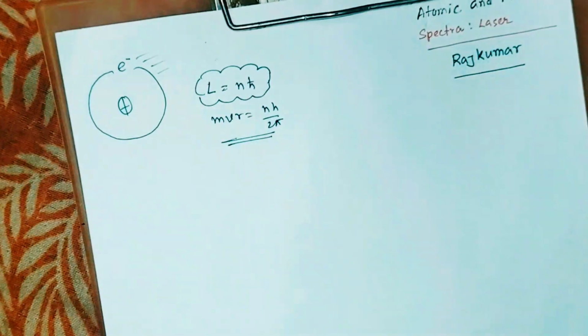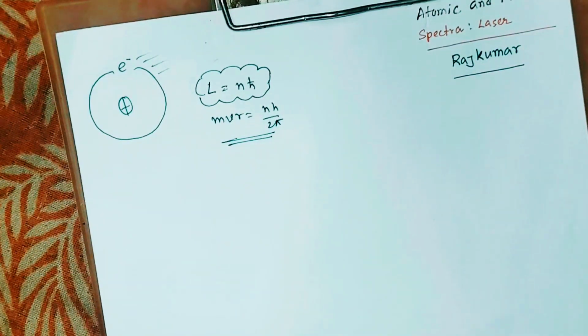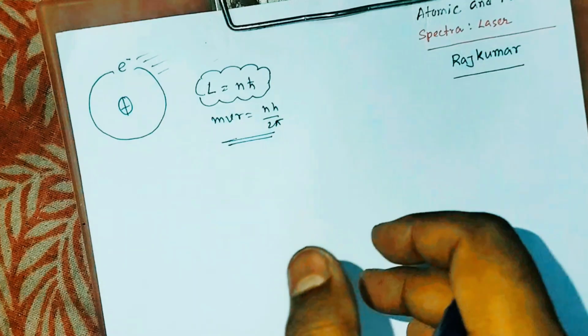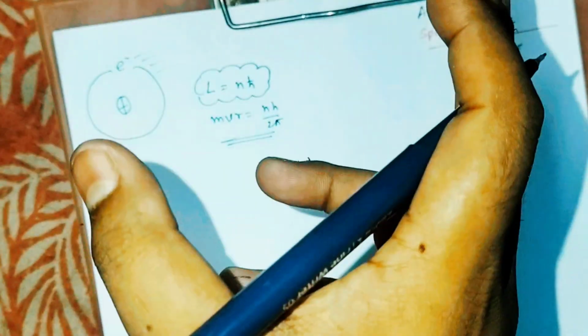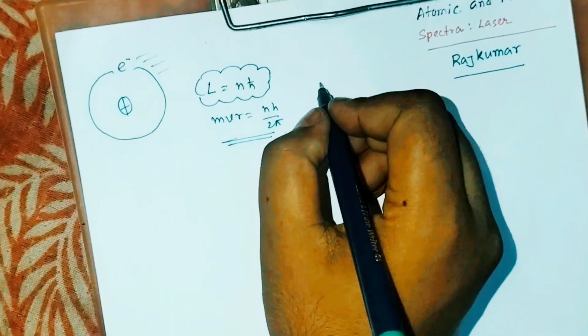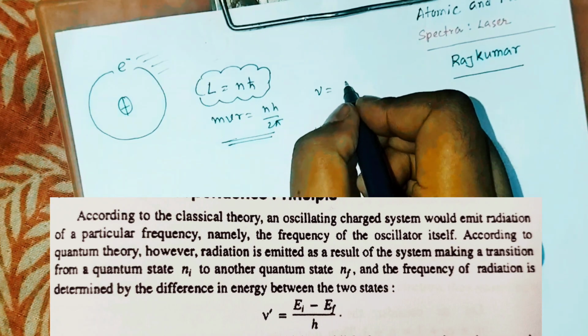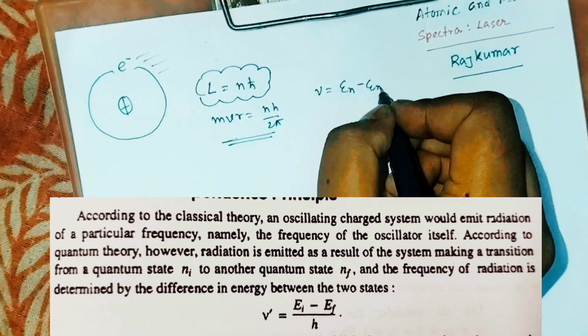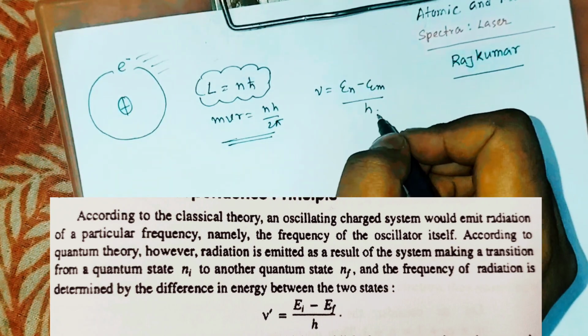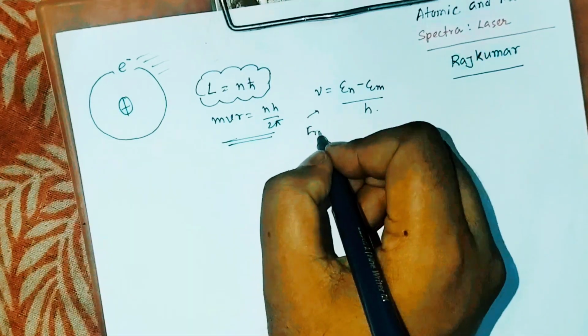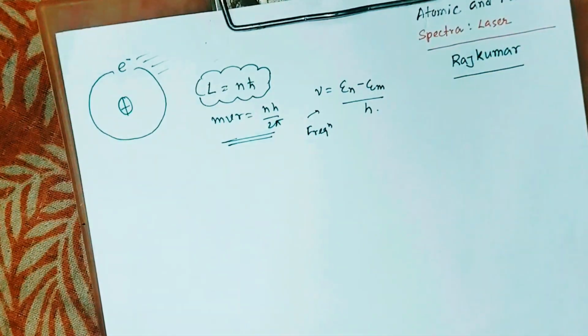Beside this, one more postulate is that the atom radiates only when it jumps from one stable orbit to another. So you can write nu equal to (En minus Em) by h, where nu is the frequency of the emitted radiation. This is Bohr's semi-quantum or semi-classical model.